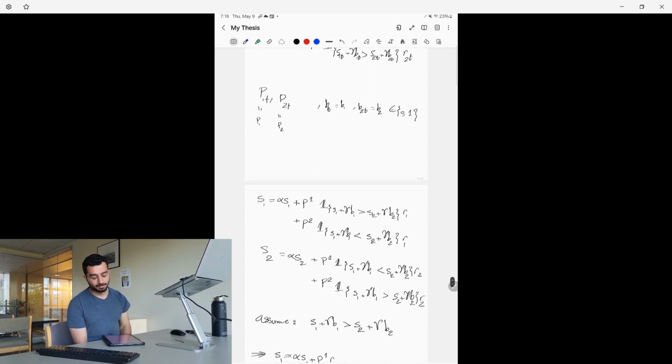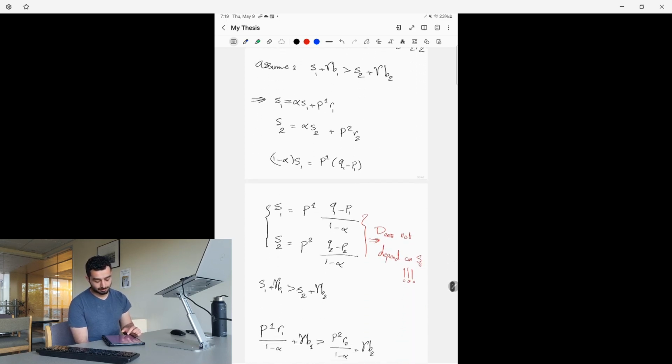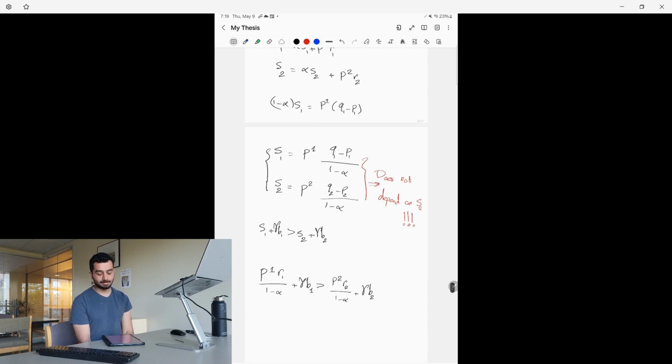So S1 will be alpha S1 plus P1. S1 plus gamma B1 is greater than S2 plus gamma B2. S1 will be alpha S1 plus R1. It does not depend on S0.